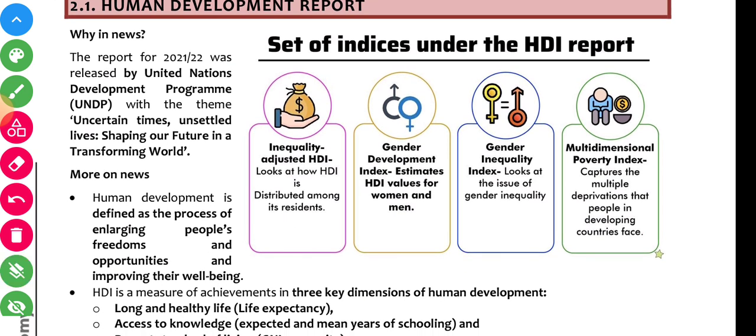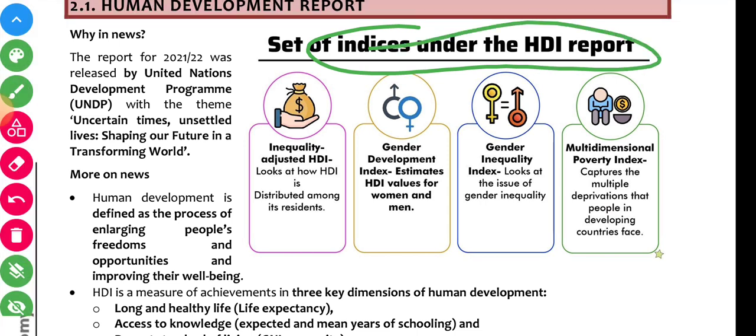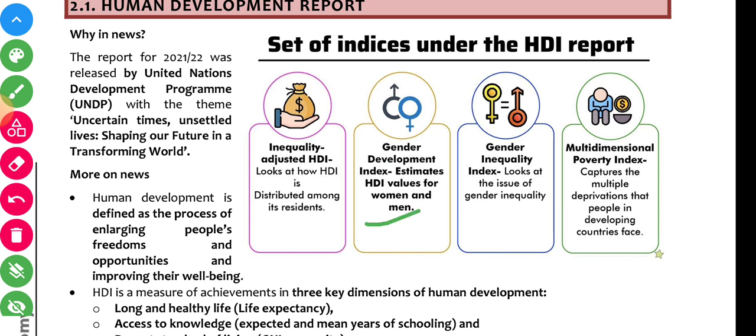What are the indices under the Human Development Report? Inequality-adjusted HDI looks at how HDI is distributed among its residents. Gender Development Index estimates HDI values for women and men.